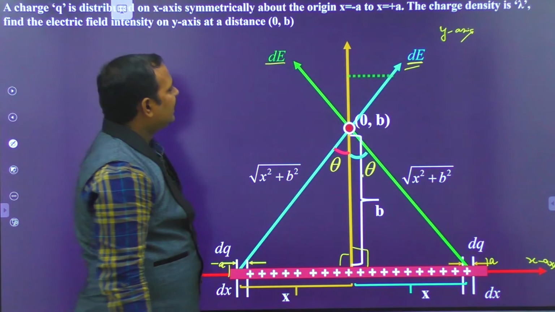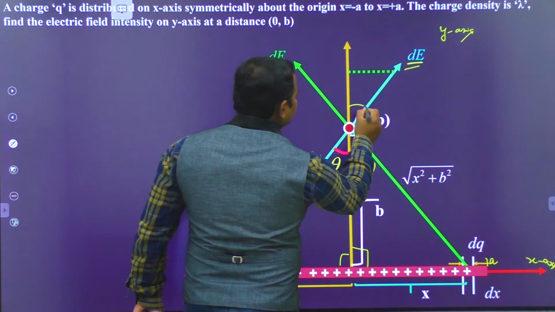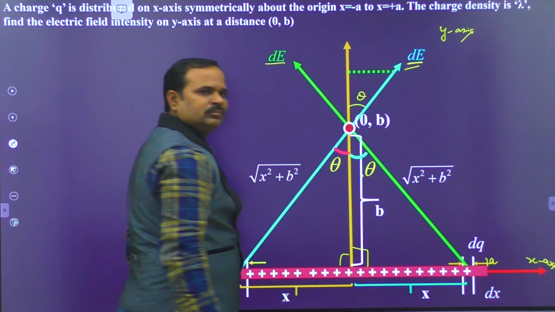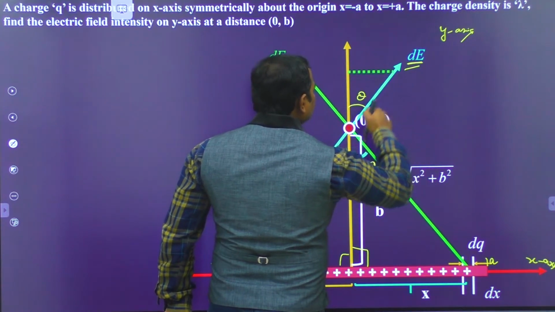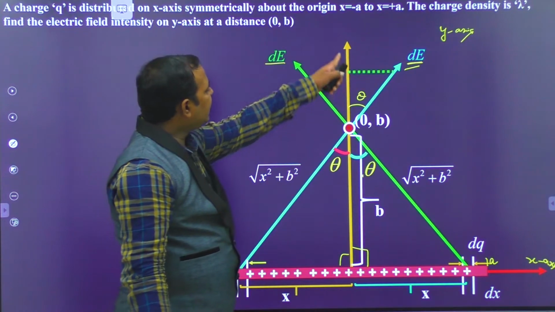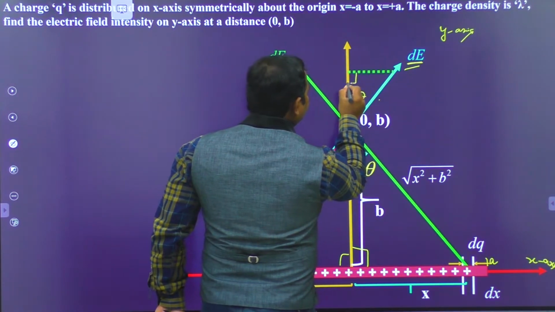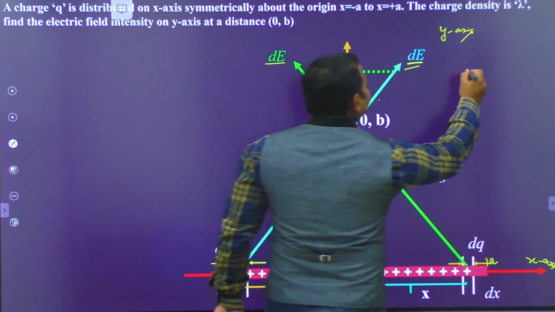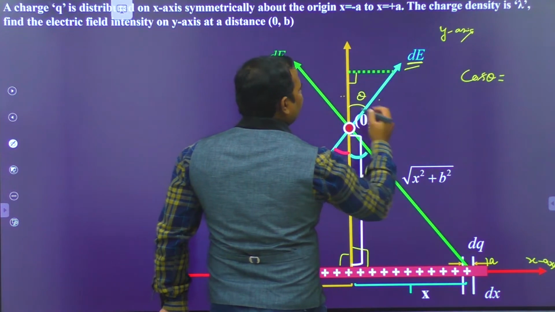For this one, if this is theta, then this will also become theta, and this is already dE, so the adjacent side we can write as dE cos theta. Since this is the adjacent side, this is the hypotenuse, this is the right angle, cos theta is equal to adjacent side by hypotenuse.